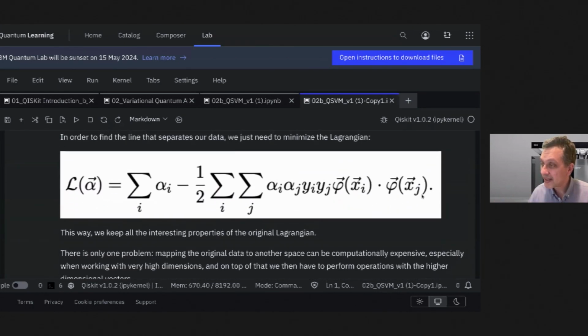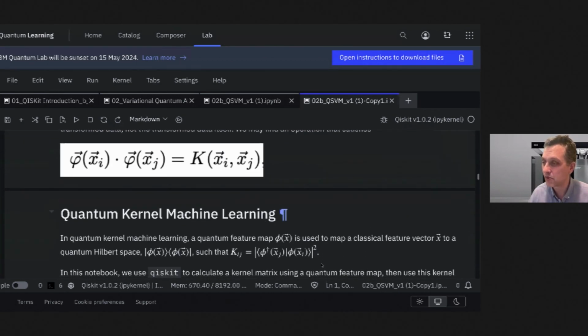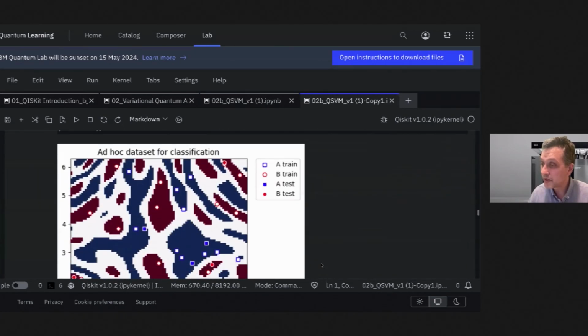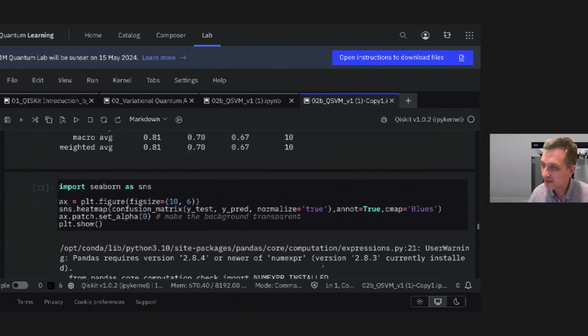And as the support vector machine depends on the product of these vectors, we can make these products inside the quantum computer. So we can create some circuits, for this data classification.